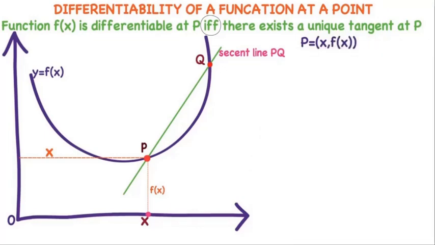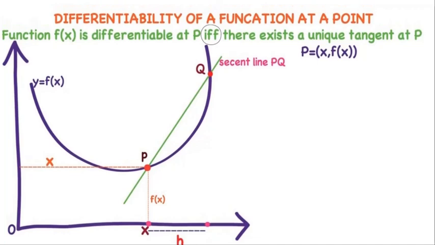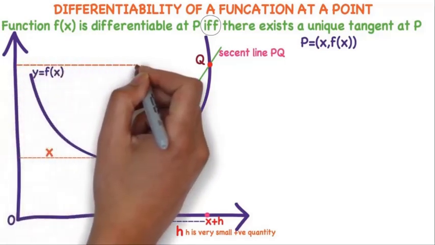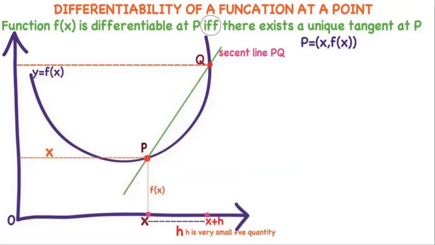Now where is the point Q? Observe, if we move towards the right from the point P by a distance of h units, remember this h is a very small positive quantity, then Q is the point which is at a distance of x plus h units from the origin, that is, from the y-axis.